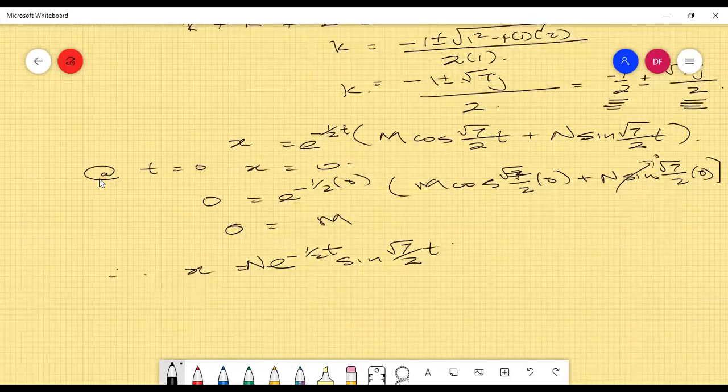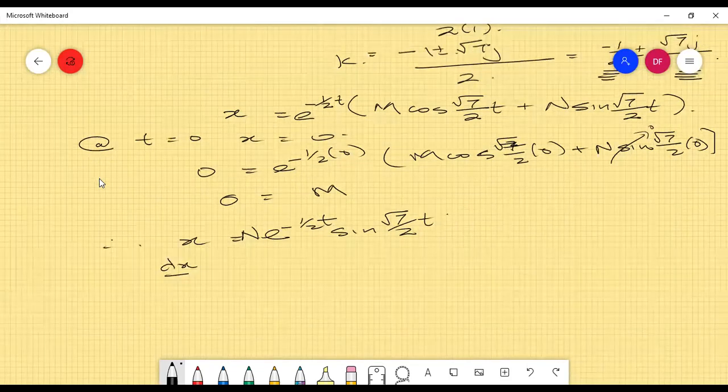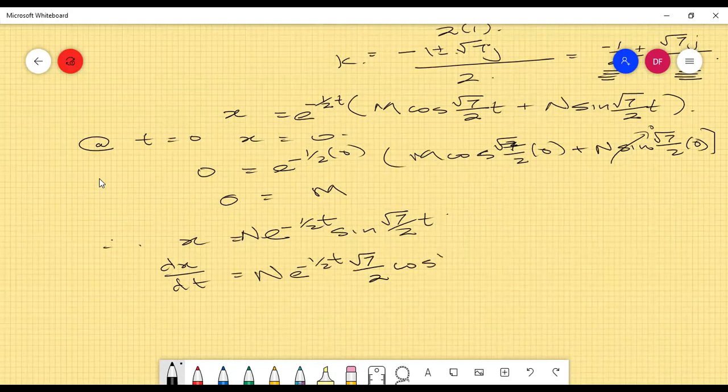dx by dt is equal to: put on the first, n e to the minus a half t. Differentiate the second, so sine. When you differentiate the second, you get root 7 over 2 cos root 7 over 2 t, plus put on the second, which is sine, and differentiate the first.